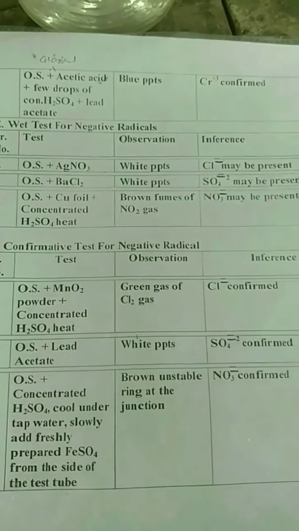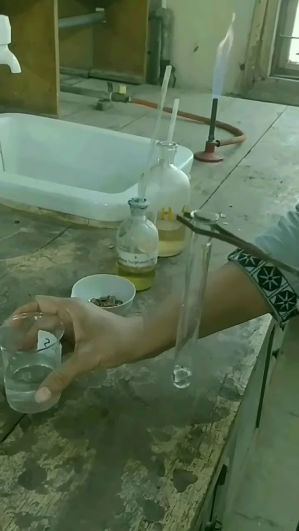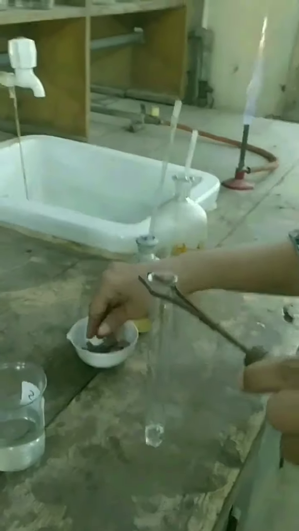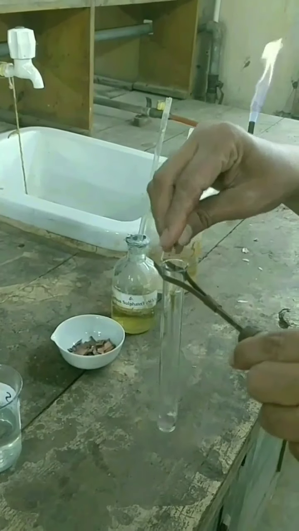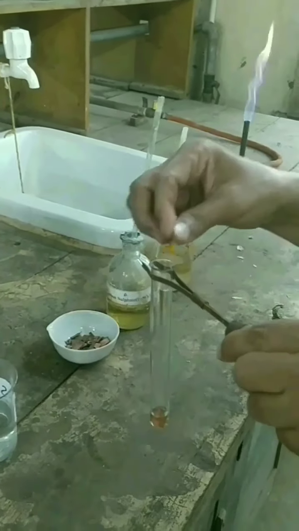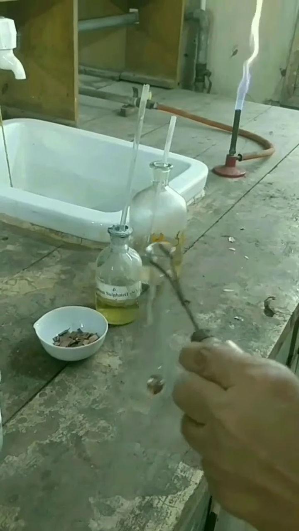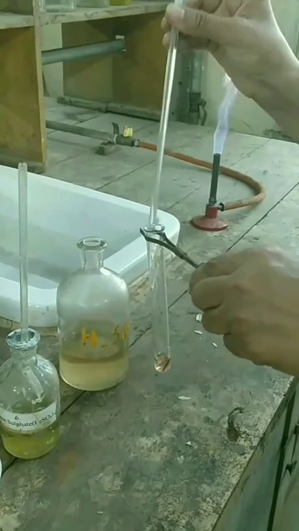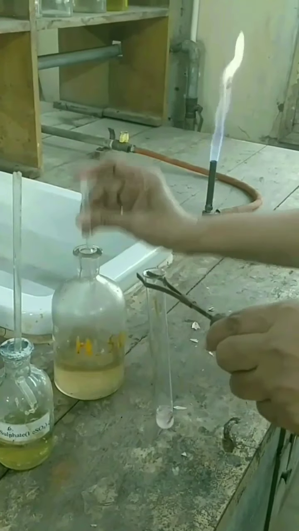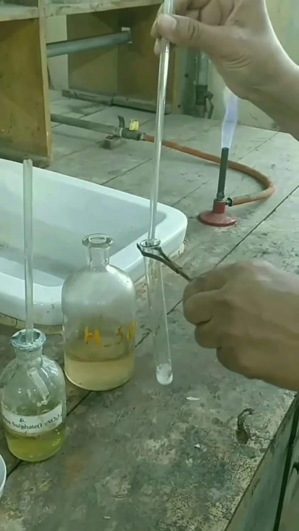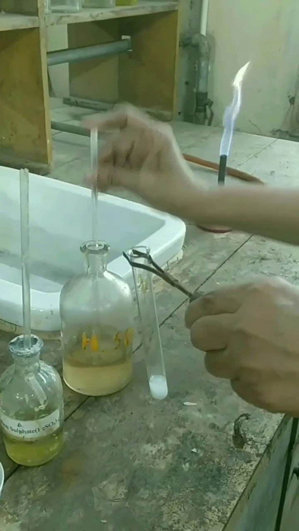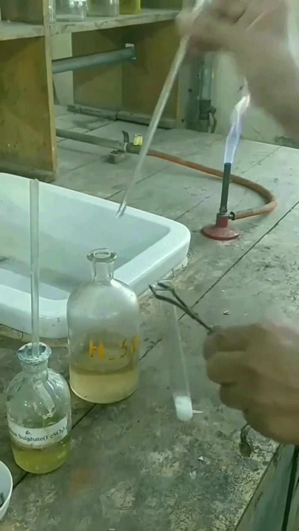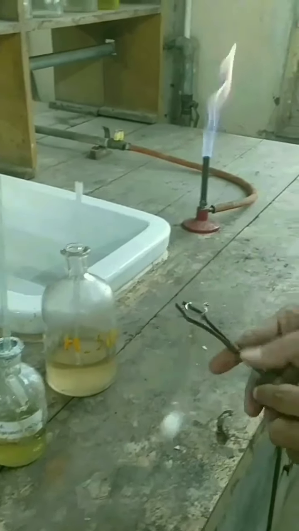The test of nitrate, we will take OS in a test tube. Then we will add copper foil into it. Then we will add concentrated sulfuric acid. After this we will heat.